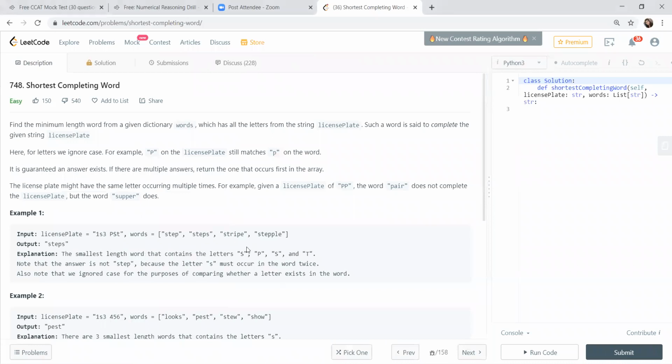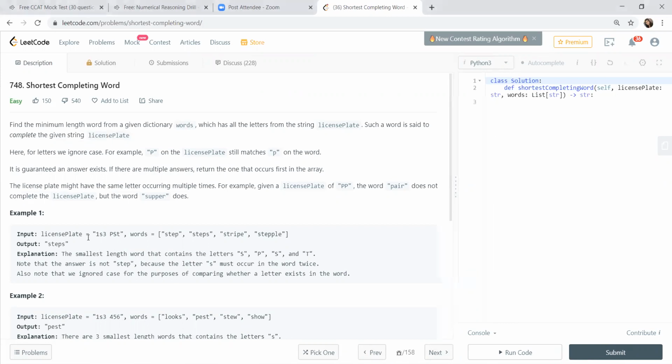Yes. Okay, so this question is shortest completing word. In a nutshell, we are provided with one particular string, for example this, and a list of words.